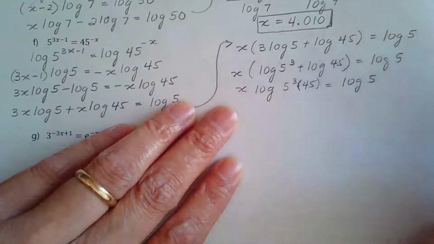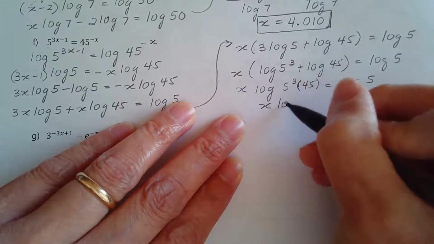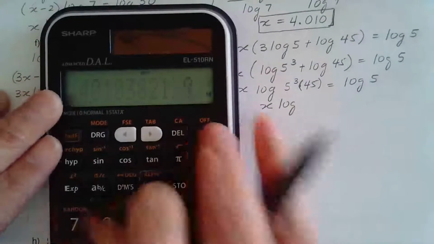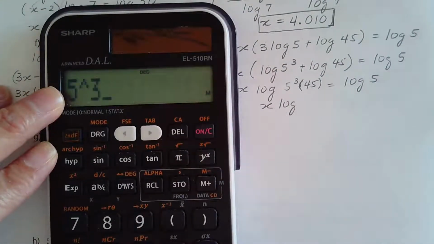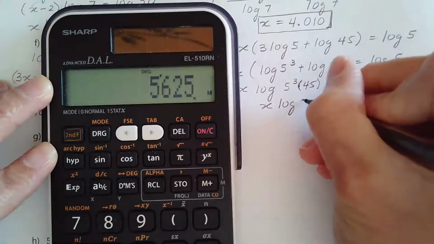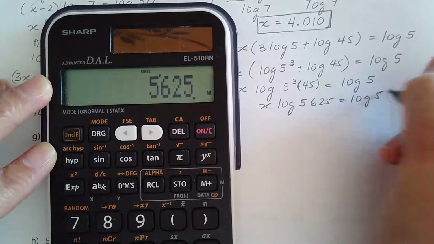Okay, now let's just do that in here. So this is x log of, what's 5 cubed times 45? Let's do that. 5 cubed times 45 is going to give me 5,625 equals log 5.